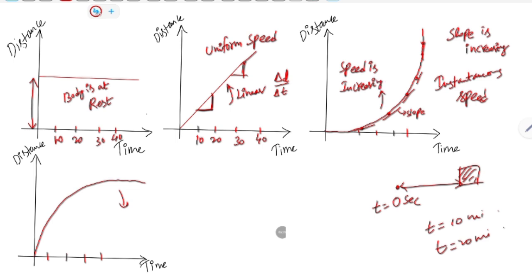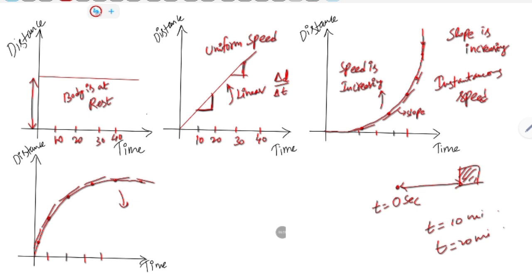Okay, similarly, if you go for the fourth graph, at the initial stages of time, if you take a point and draw a tangent at this point, finding the slope of that line gives us change in distance with respect to change in time, which is the speed.